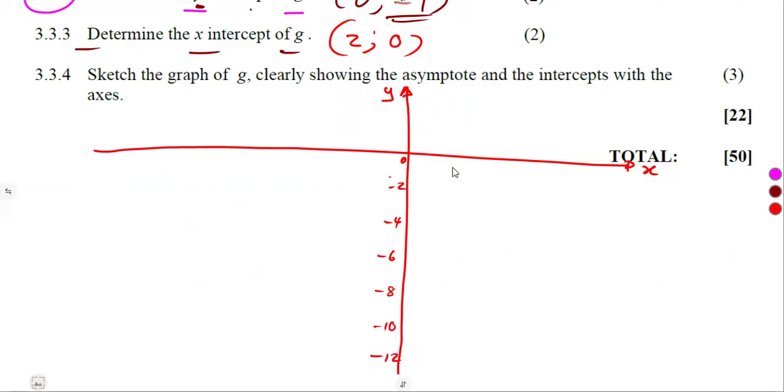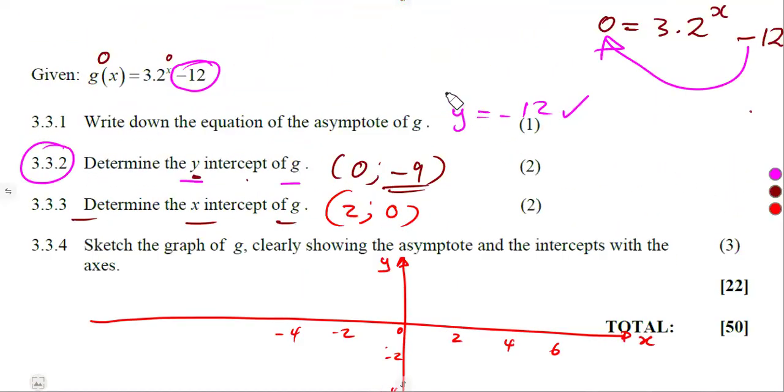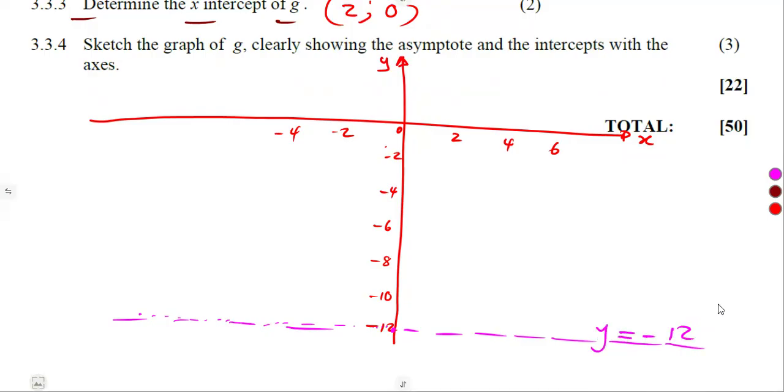Then here I'm also going to use 2, 4, 6, negative 2, negative 4. The equation is y is equal to minus 12. Let us use a broken line for our asymptote like this. So that's our asymptote, y is equal to minus 12.